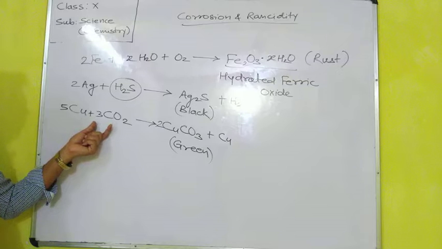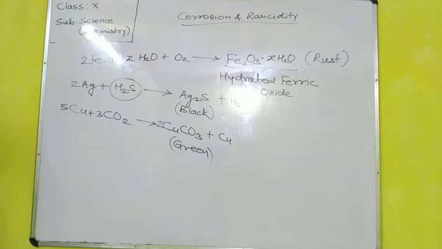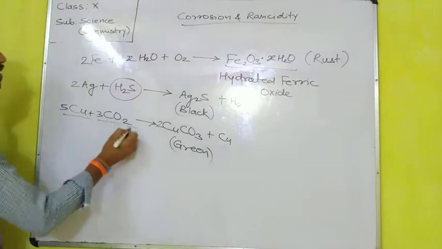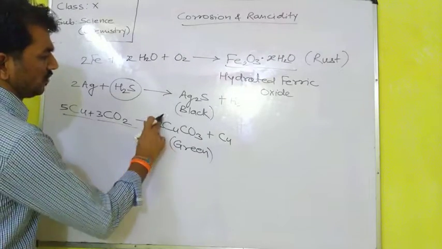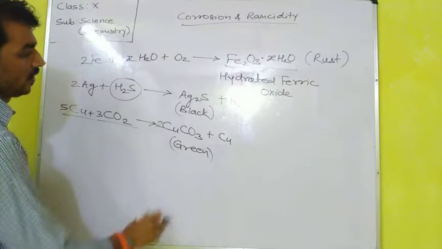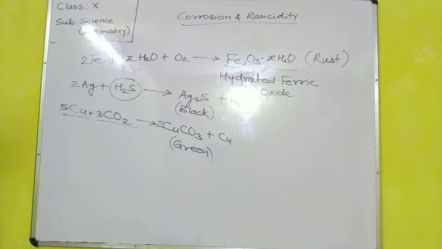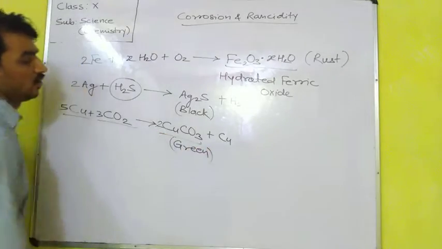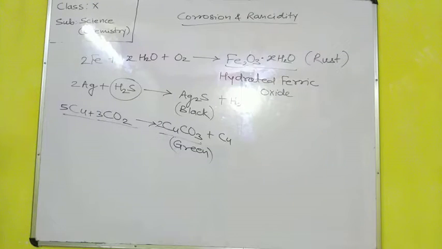Later we will discuss this. Just remember that when copper metal is in contact with atmospheric carbon dioxide, it forms copper carbonate, which is green in color, and that is the Statue of Liberty.